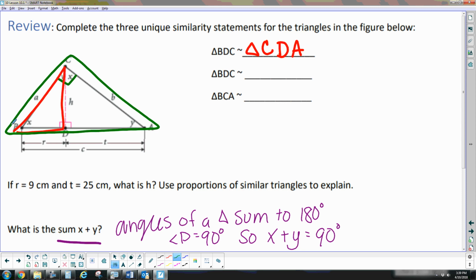So in the large triangle, the angle that correlates to B is also B. The angle that correlates to D is the 90-degree angle, so that's C. And then lastly, the angle that correlates to C, which is y degrees, is A.